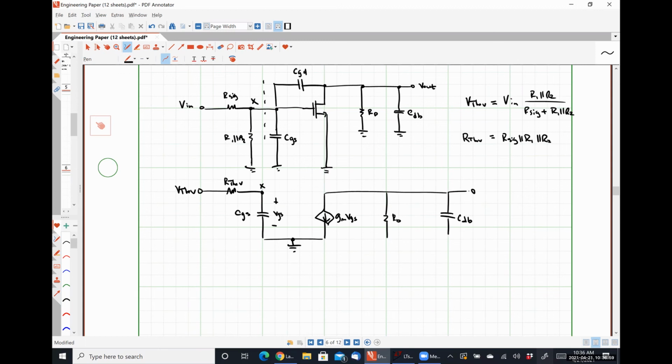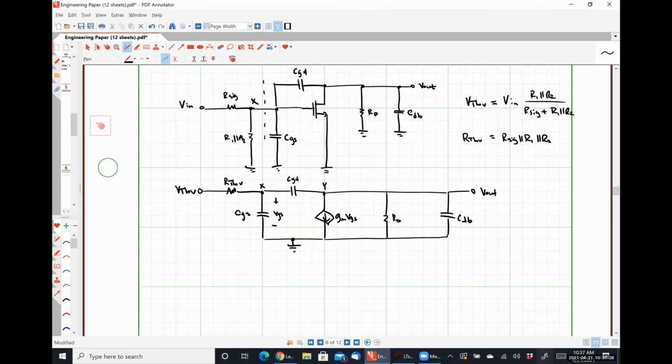Here's my output node, V out, like so. And the only thing I'm missing then is this capacitor between node X and what I'm now going to call node Y, which is my output node, and this is CGD.